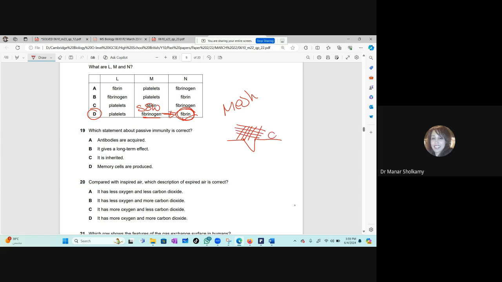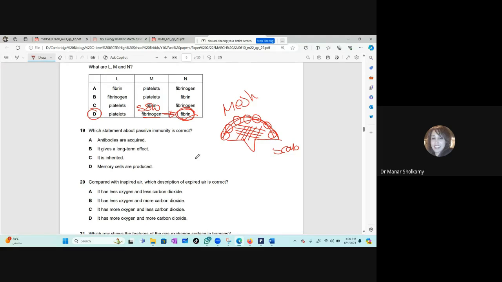This mesh is going to trap more red blood cells and more platelets and white blood cells until it creates a blood clot around the wound to protect and cover the wound. Is this better now? Yes, thank you. This is the scab that you have over your wounds that your mother tells you don't peel off. It will fall off on its own.